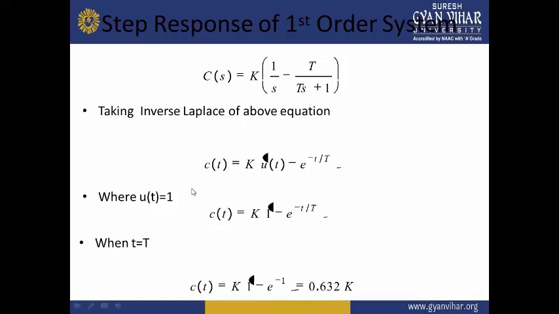Now taking the Laplace inverse of the above equation, we get C(t) equal to K into (u(t) minus e to the power minus t upon T). When we substitute the step input in time domain equal to 1 in the above equation, we get K times (1 minus e to the power minus t upon T), which can be written as 0.632K.